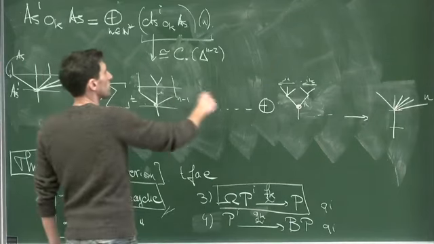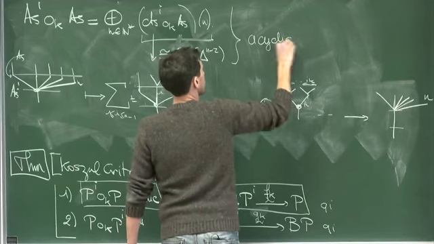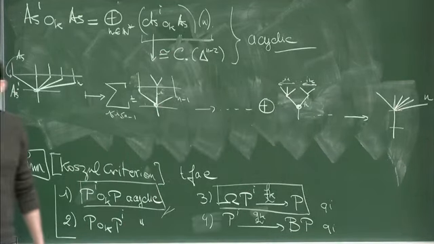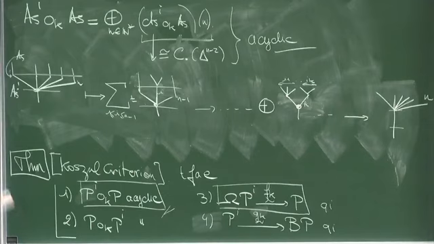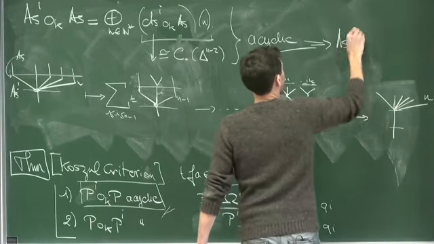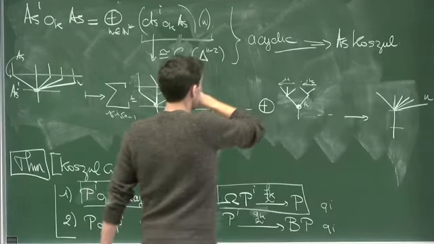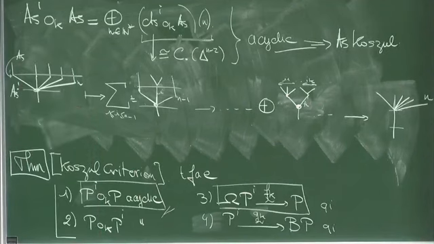Therefore, since this is contractible, this guy is acyclic. Okay, that's quite easy to see. So we proved now that As is Koszul with that quadratic presentation. Therefore, this map is a quasi-isomorphism.